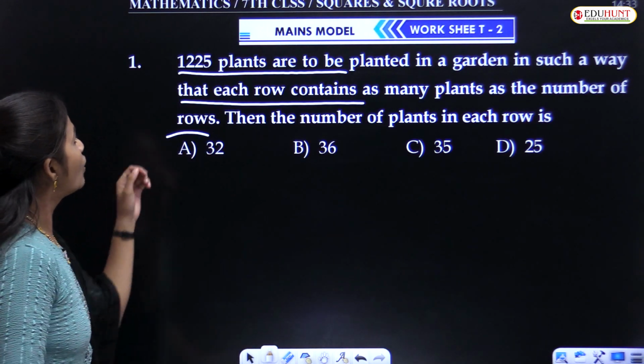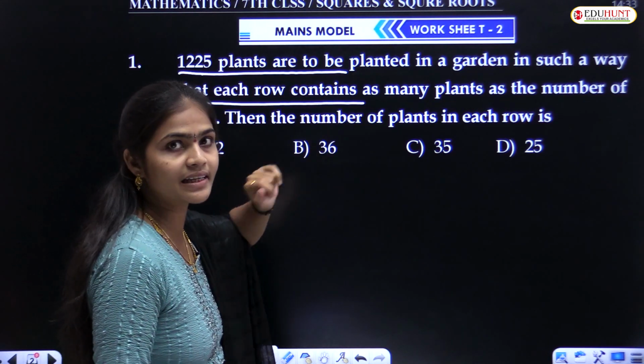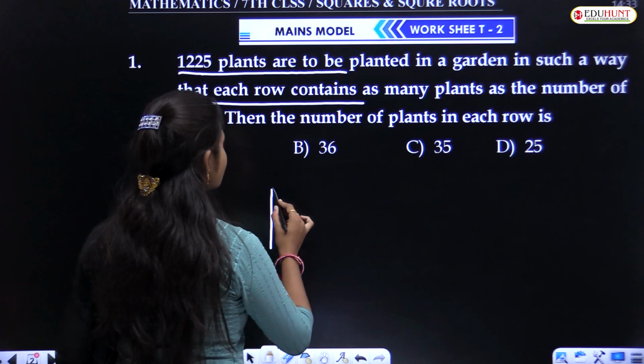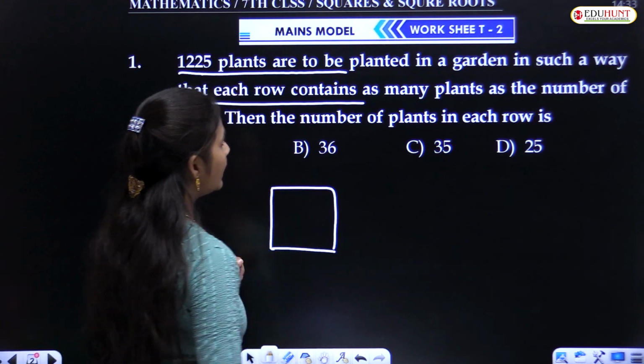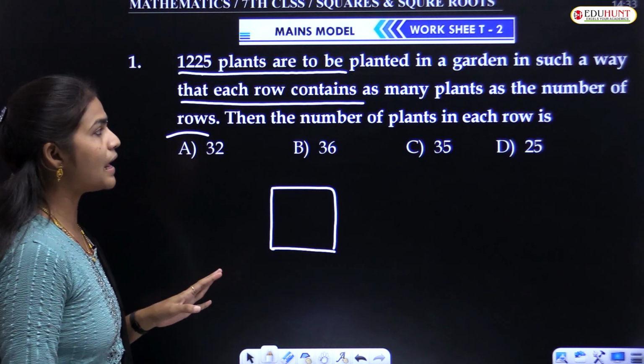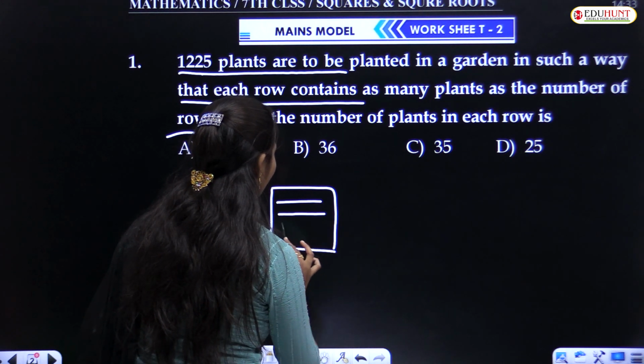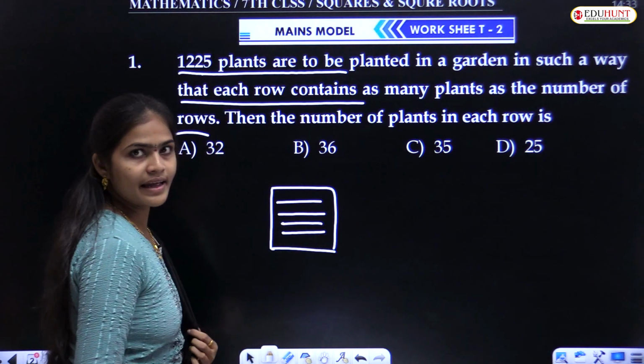Once again, 1225 plants are to be planted in a garden. For example, take this as a garden. In such a way that each row contains as many plants as the number of rows, which means, here, number of rows means horizontal lines only, no?